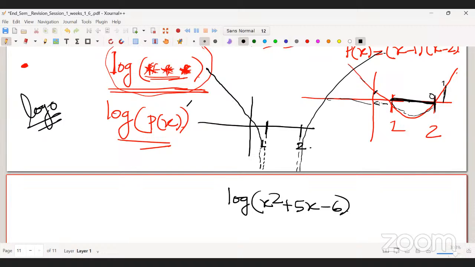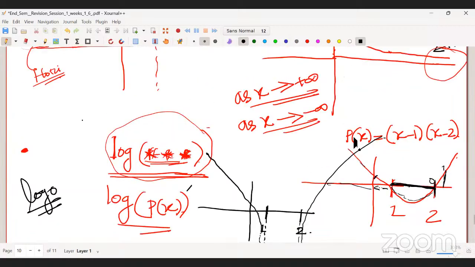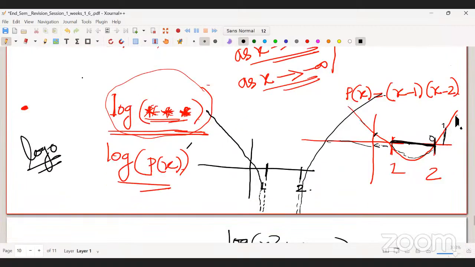No, I still don't understand. Until I see the question completely, I can't comment. But basically, when you have a question like this, it doesn't matter what this polynomial p of x is.